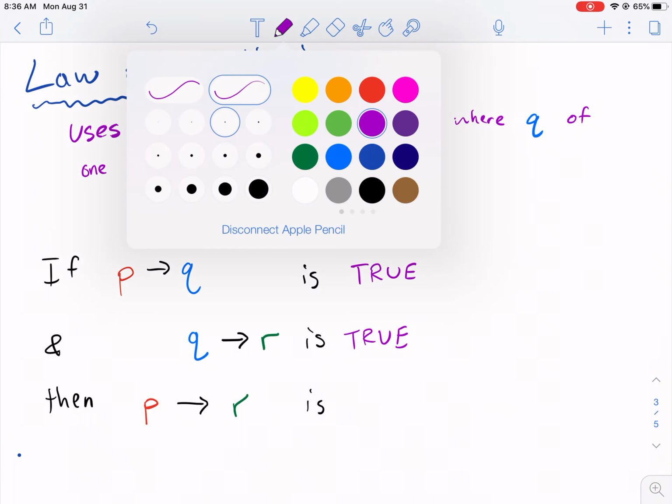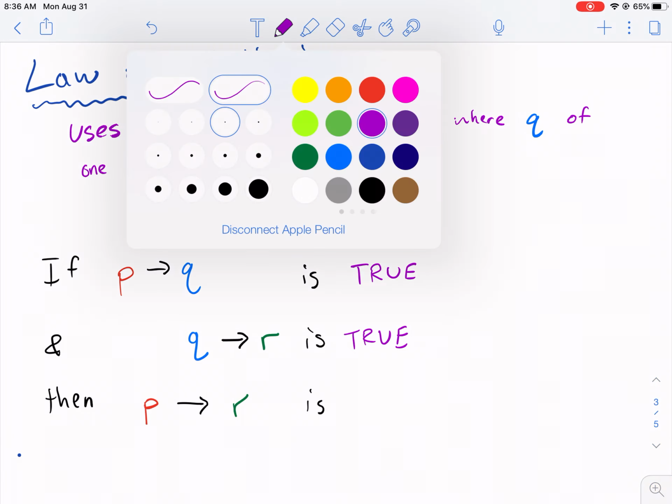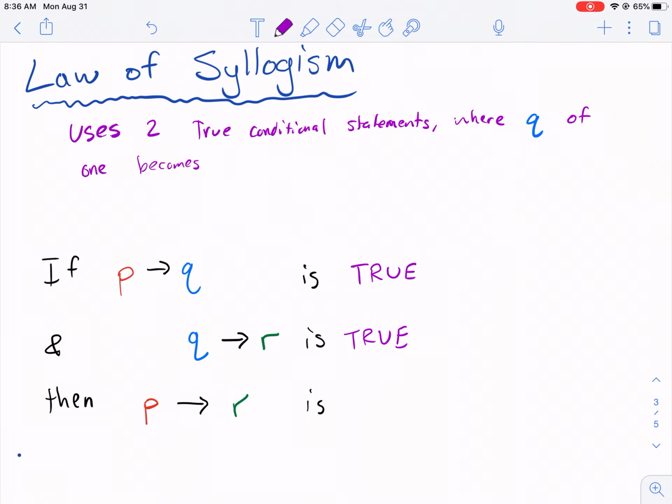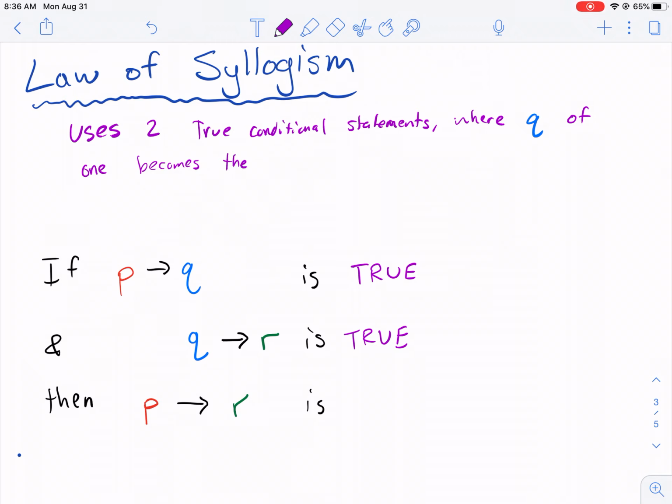So it's the Q of the first, yeah, that's true, becomes the hypothesis of the second.